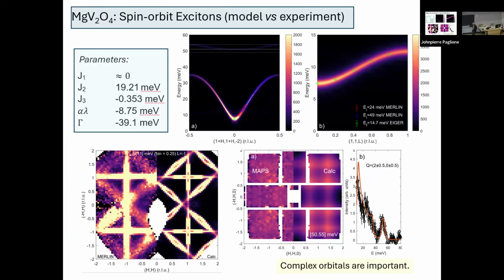The other nice thing about this is we can come up with an energy scale for the anisotropy or the distortion of the local crystalline electric field. Notice that that's much bigger than the spin orbit coupling. And if you think back to what I said just a few moments ago, the system goes through a structural transition first, then a magnetic.